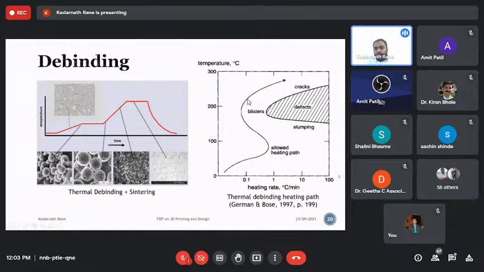If you go with a very high heating rate, you will have slumps or defects or cracks. If you go very slow, the productivity is very low. So that's why we need to follow this kind of route to design the heating system for thermal debinding of the parts.